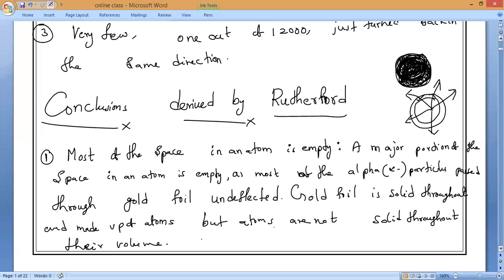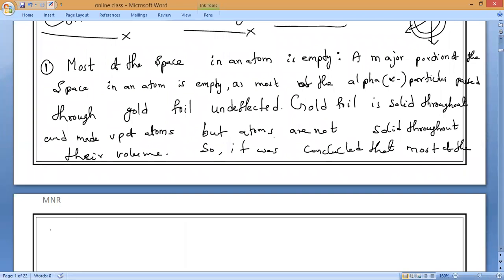So it was concluded that most of the space in an atom is what, guys? Empty or filled with anything? Most of the space in an atom is empty. That is one. Please write.